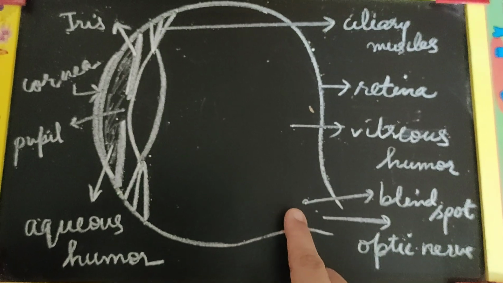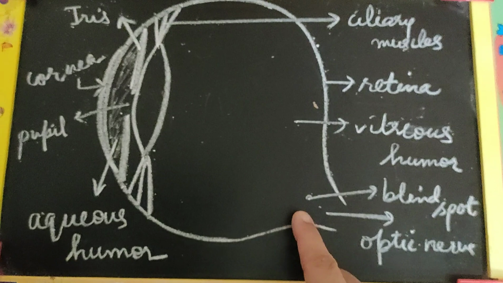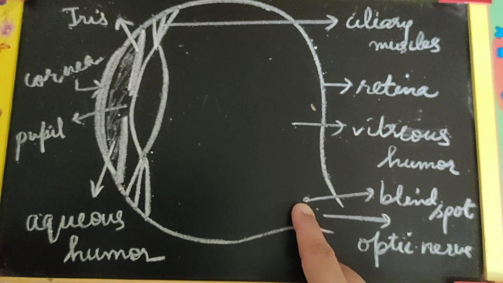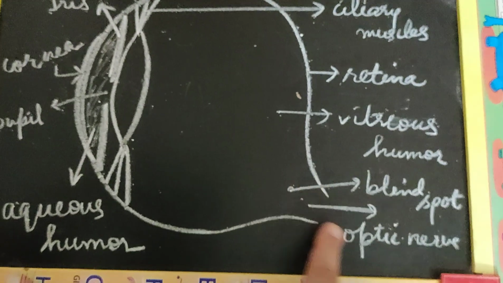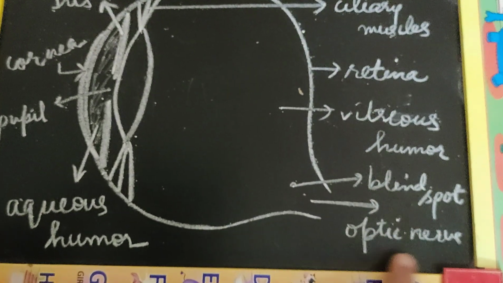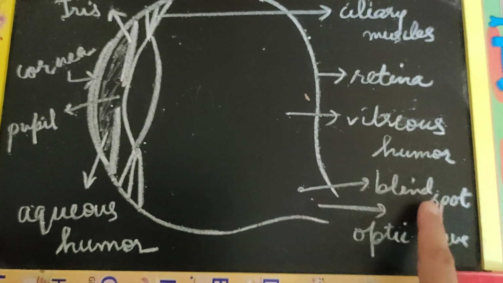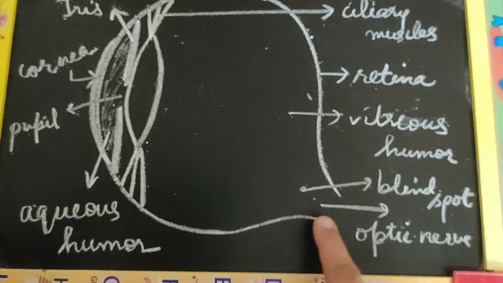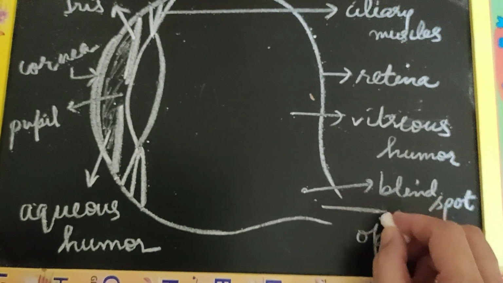The brain will not be able to interpret because there are no light sensitive cells here. This is the junction where all these nerve endings are going to the brain as a bunch in the form of optic nerve. So this spot is known as blind spot.